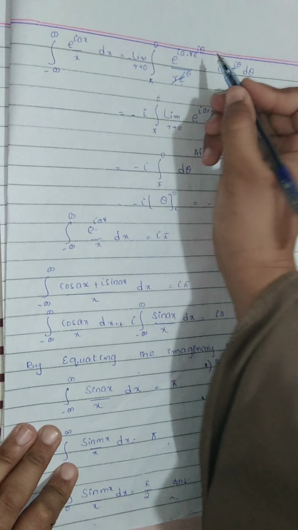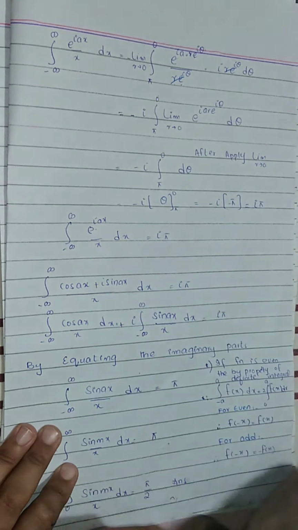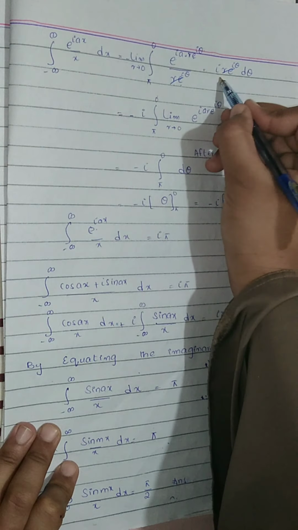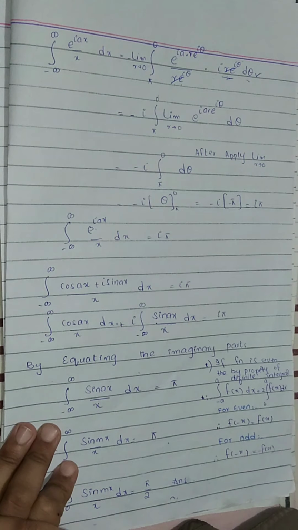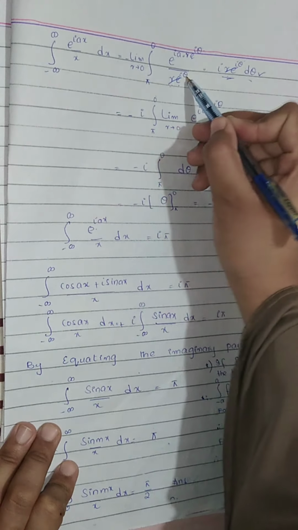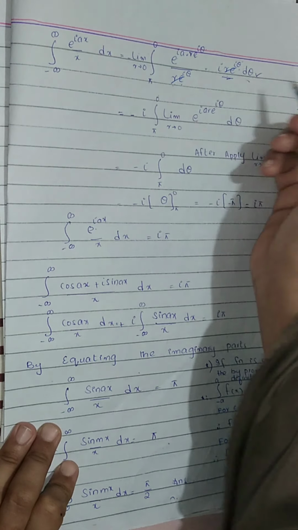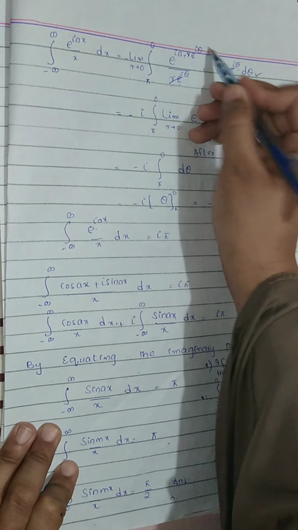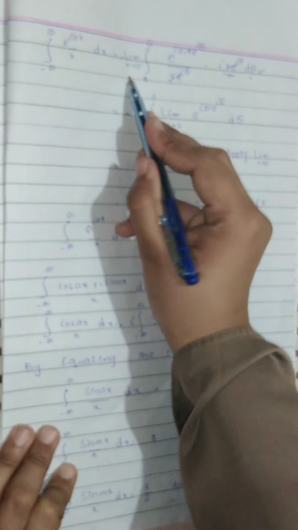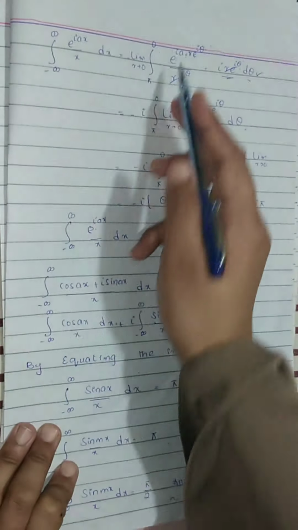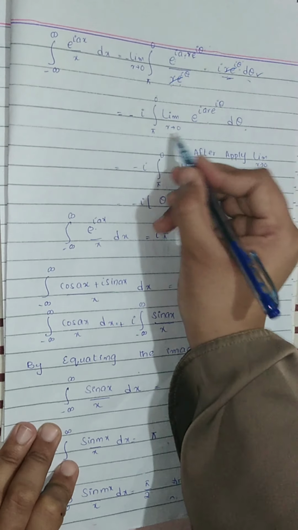Now just put the values: z is equal to r e^(iθ) and dz is equal to i r e^(iθ) dθ. Now r e^(iθ) cancels out, and we have e^(iar e^(iθ)) i dθ.